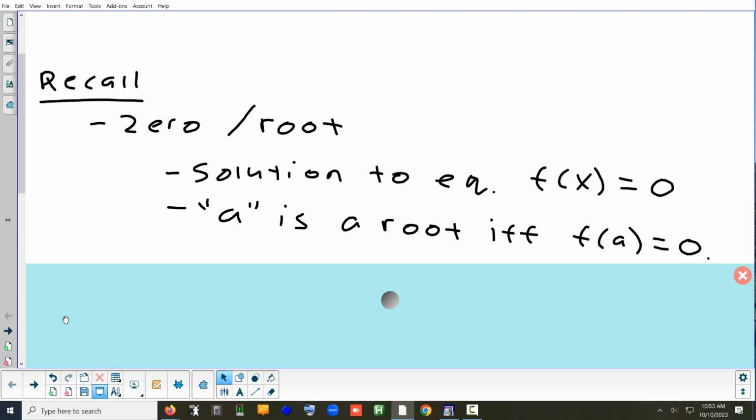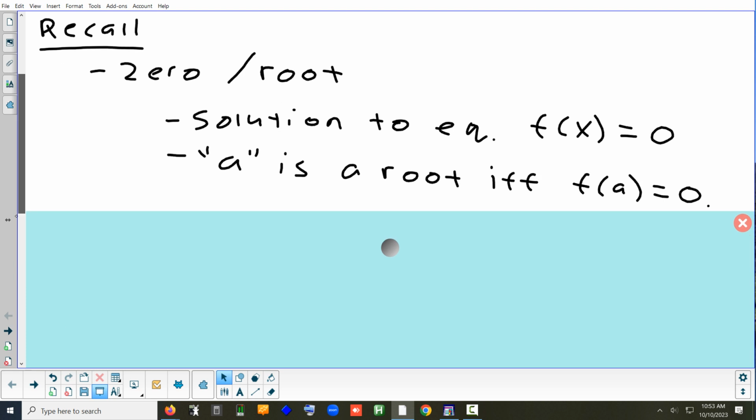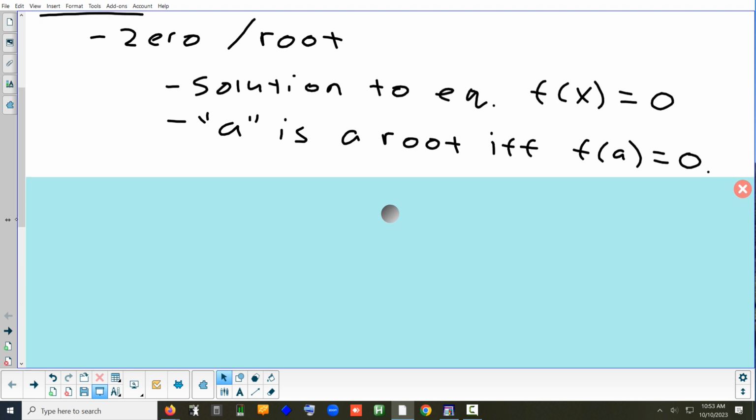Or if you have a number that you can plug into a formula and get 0, then it is a root. You can read that sentence both ways. The technical name for that is the original way, and then the converse is when you switch the beginning and the end, like the if and the then.